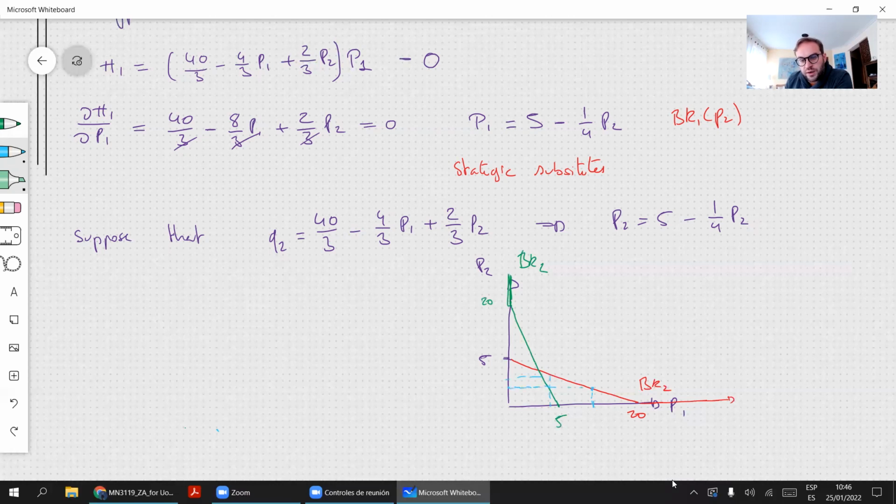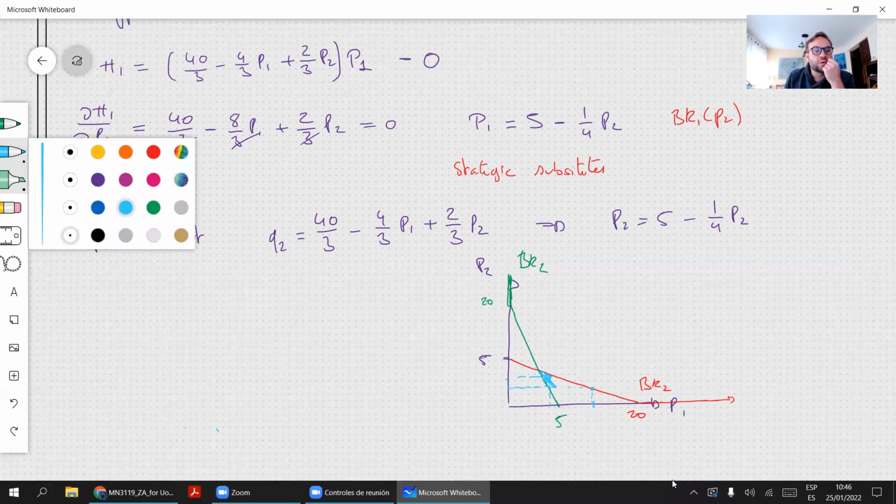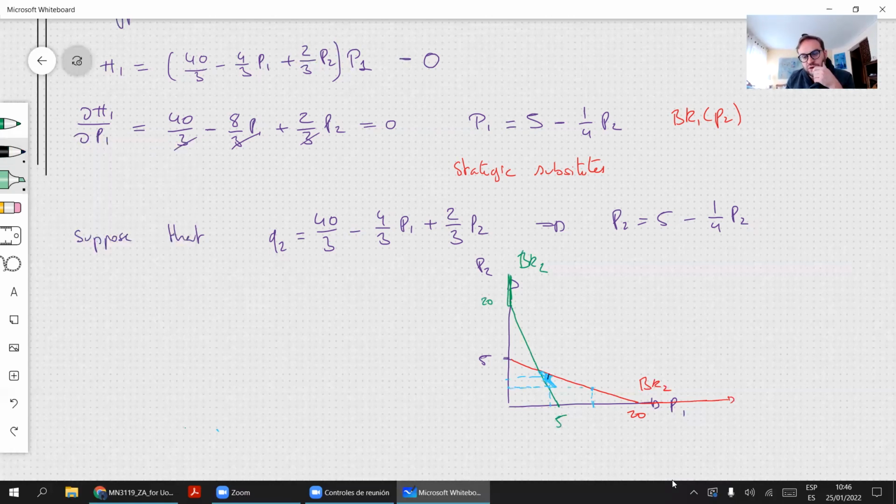And then I verify that indeed I'm going to have convergence towards this point. Right, and the same is going to happen here.